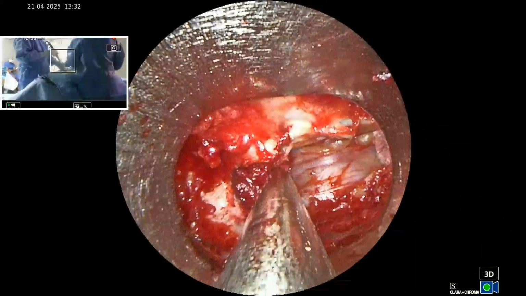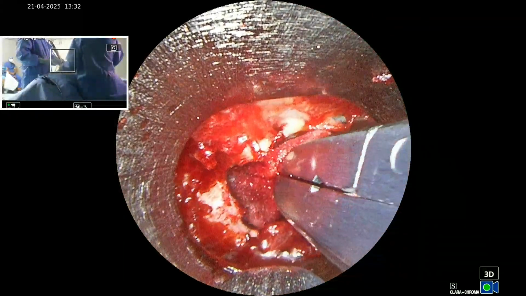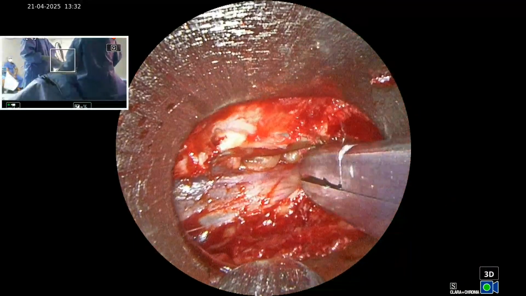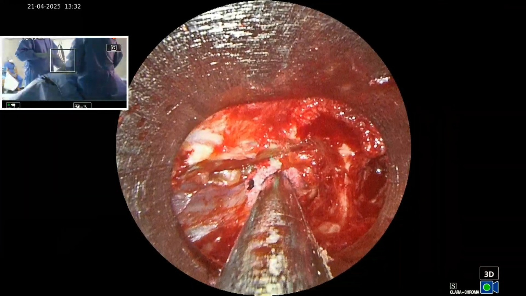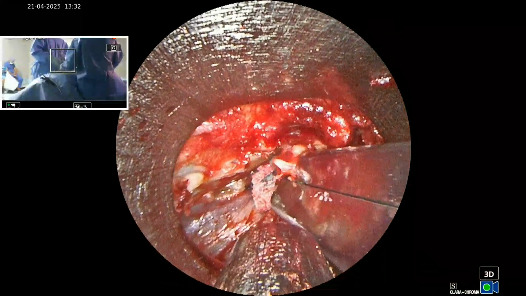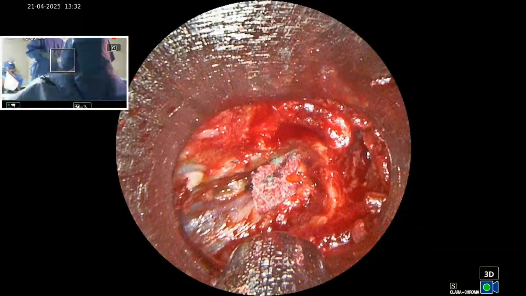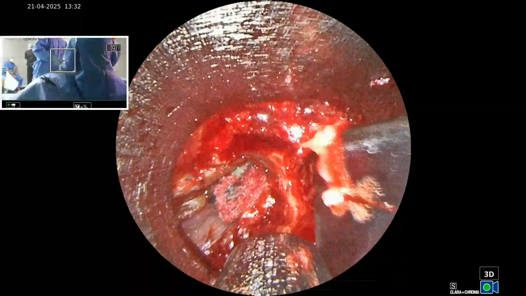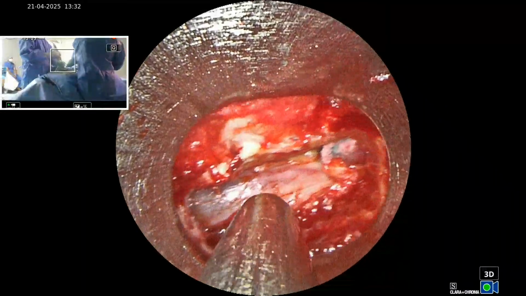Now we're going to midline. 30, 45, this process 30.